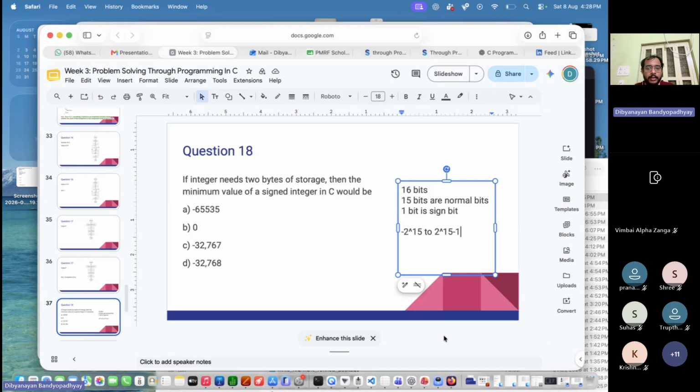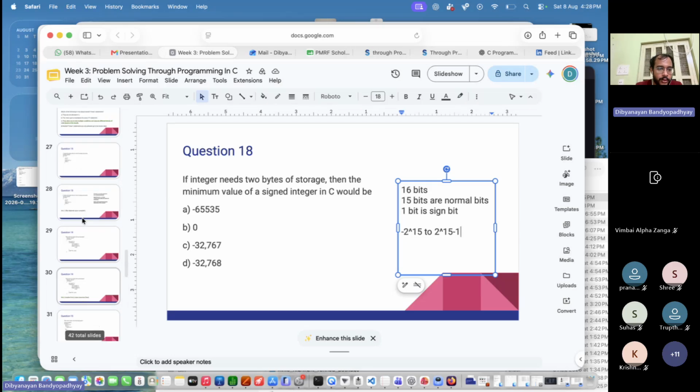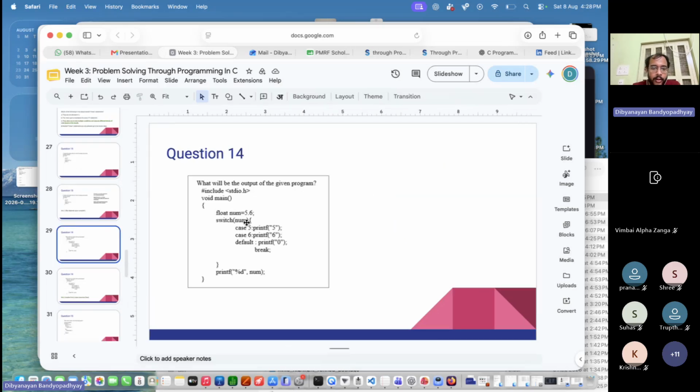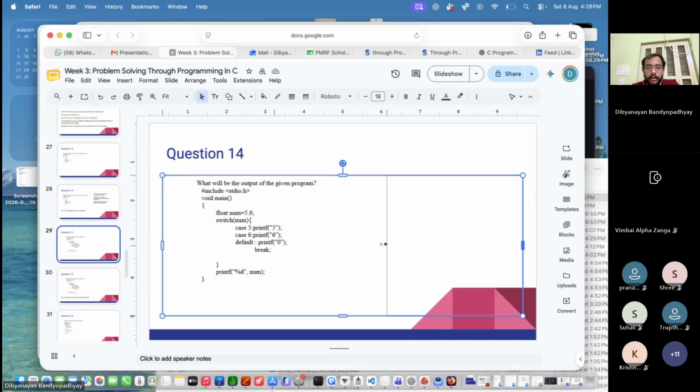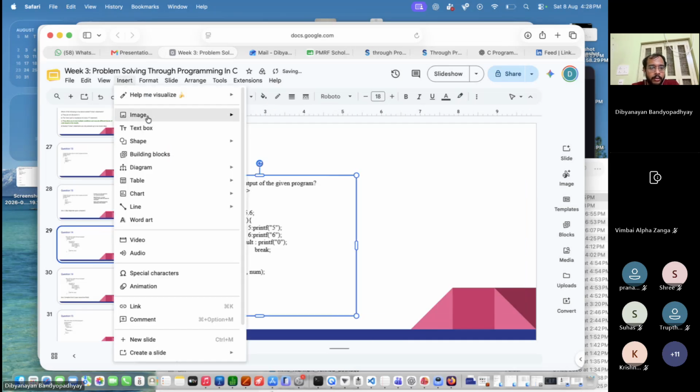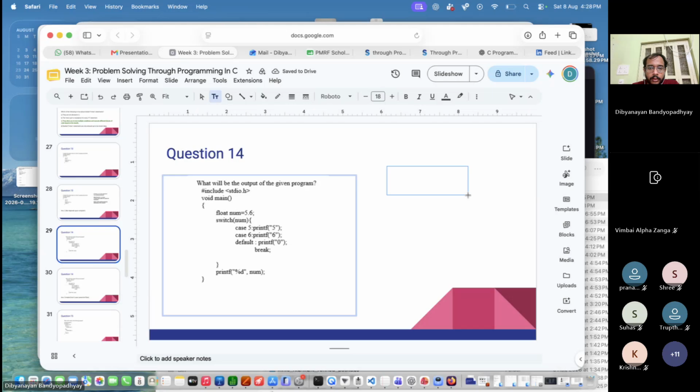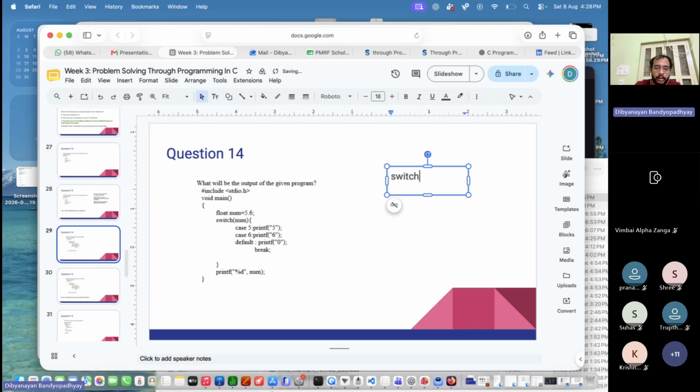Yeah, so another thing is somebody asked what if in the switch case question, so let me go to the switch case question. What if it is like that? Switch, and then instead of num, he's saying that if a equal to something, 20 let's say, and a is declared as 20 earlier, int a equal to 20.